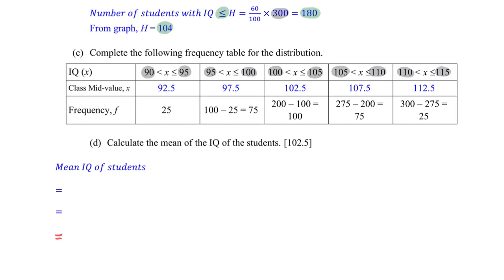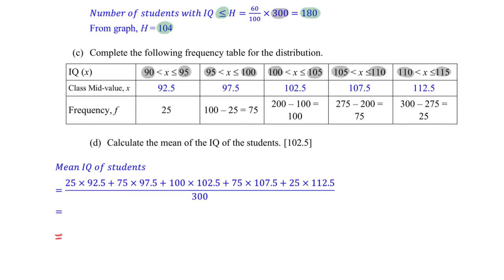And after which, how then can I calculate the mean of this IQ? Well, 25 of them have IQ estimated to be 92.5. So I have to multiply them together. Same goes for this 75 and 97.5.